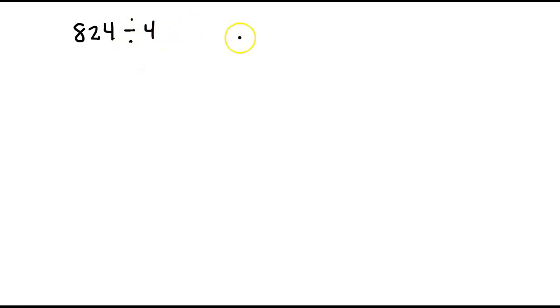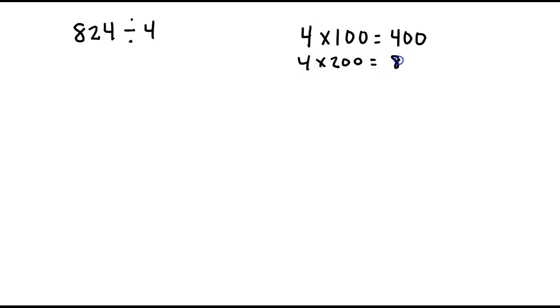Okay, so this is a really big number. This is where our multiples come in, and kind of going back to that brain dump. So I'm going to start off with what I know. Well, I know it's going to be a big number. So I'm going to say, well, I know 4 times 100 is 400. 4 times 200 is 800.